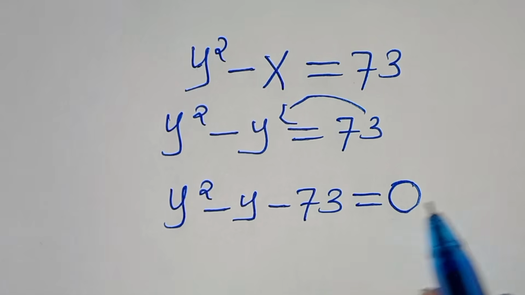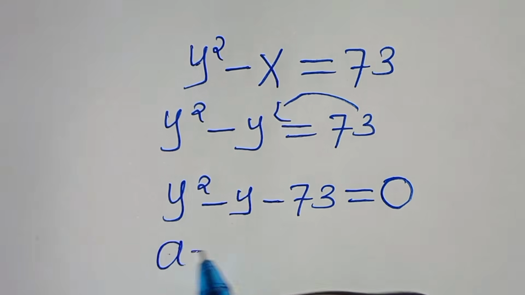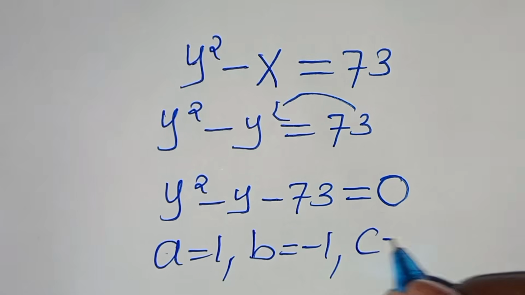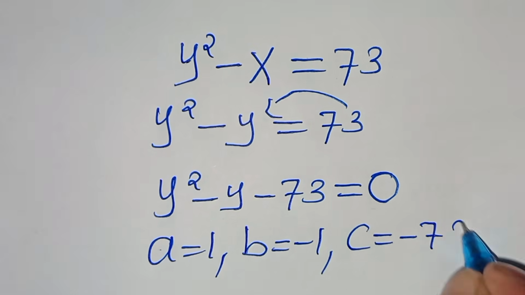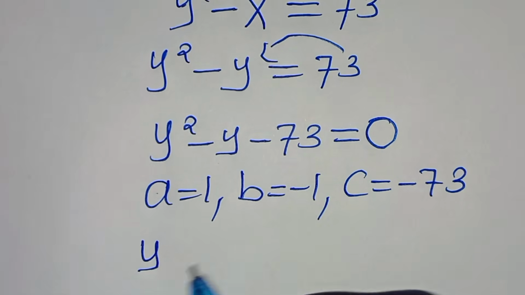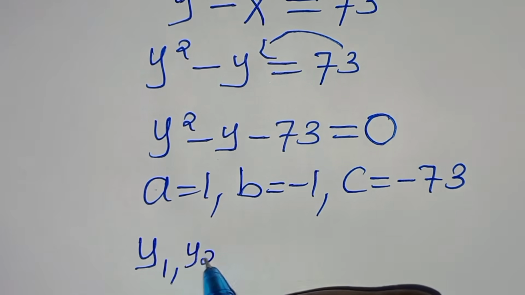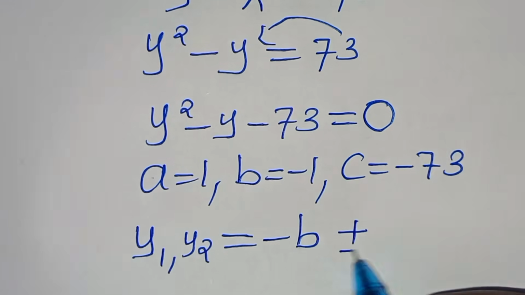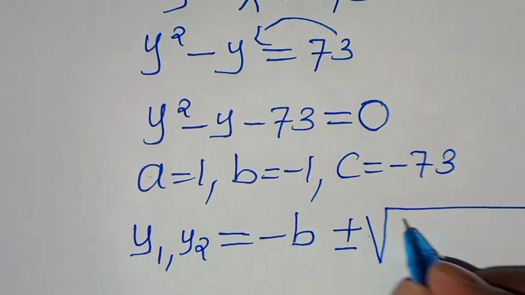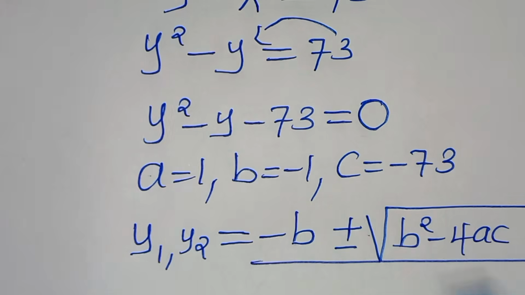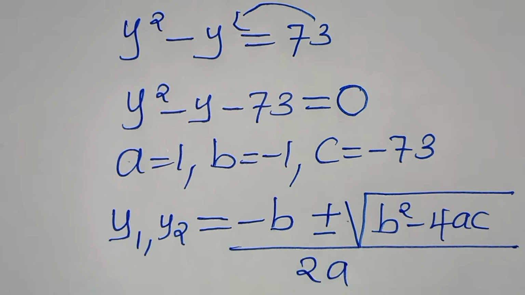So this is a quadratic equation where we have a is equal to 1, b is equal to minus 1, and c is equal to minus 73. So we can solve for y1 and y2 by applying the quadratic formula here, which is minus b plus or minus the square root of b squared minus 4ac, everything here divided by 2 times a.